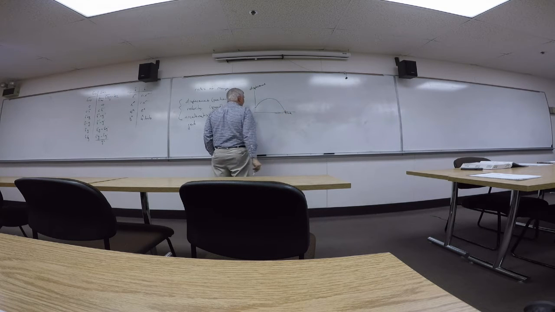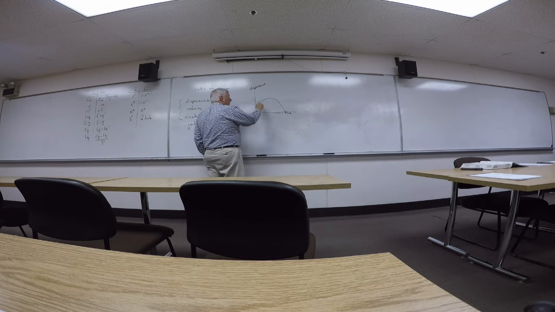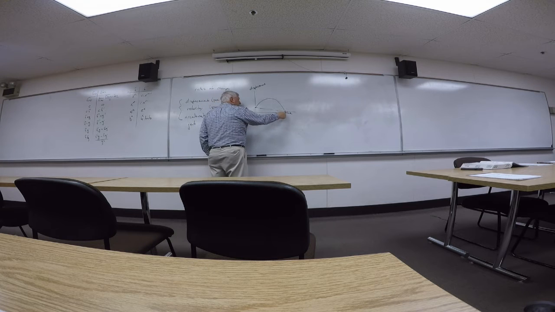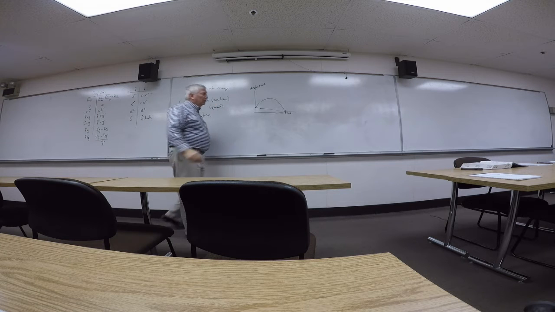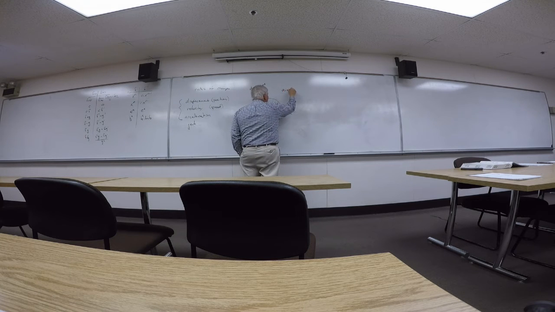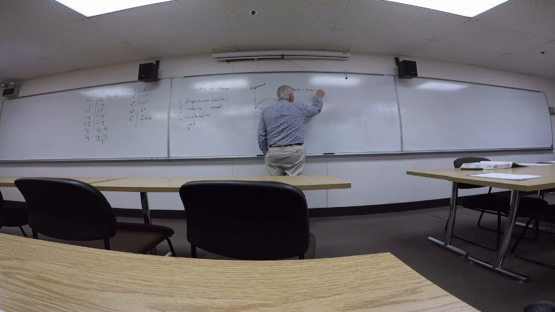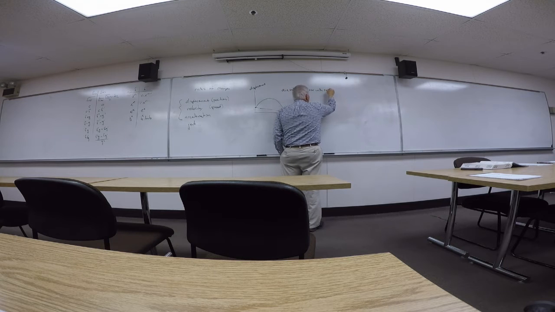And we can find the average rate of change over that distance. This position, subtract this position, divided by this time, subtract that time. Just like always before, what we call the average velocity is the average rate of change with respect to time.